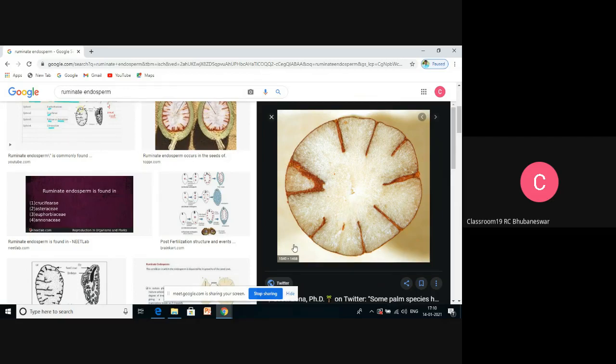But the maize is the example of the mosaic endosperm, because the boundary is smooth, but a part of the maize seed is yellow and a part is white.